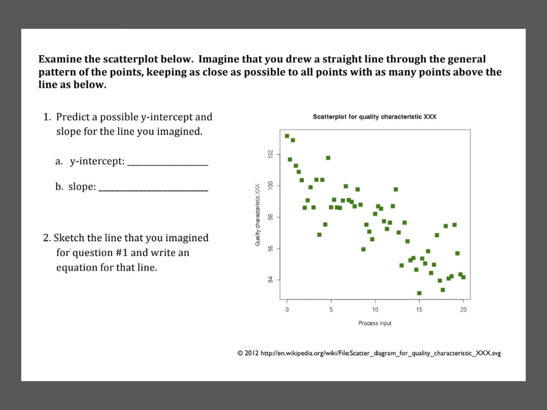And then in question number 2, I went ahead and sketched the line, but it wants us to write an equation for that line. So go ahead and press pause, jot down. Again, you can just kind of with your finger think about where that line would be, and then jot down your y-intercept and your slope for number 1, and then the equation of that line.